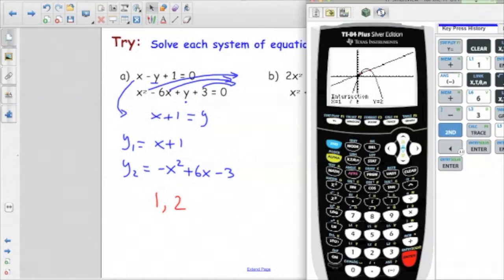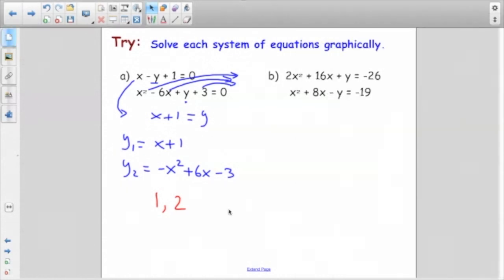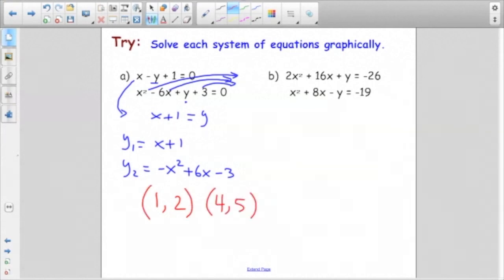Okay? So now we have another one up there. So we do second trace 5, drag it up, enter, enter, enter, and we get 4 and 5. So there are my answers for those systems.